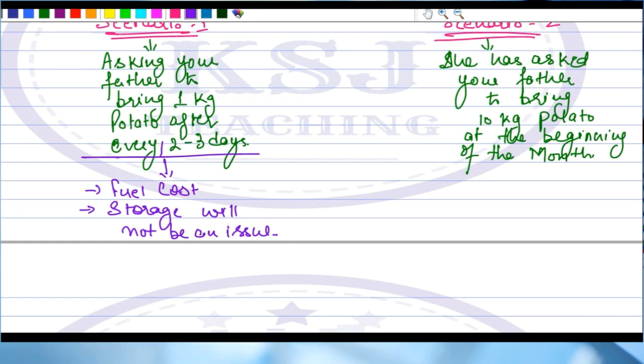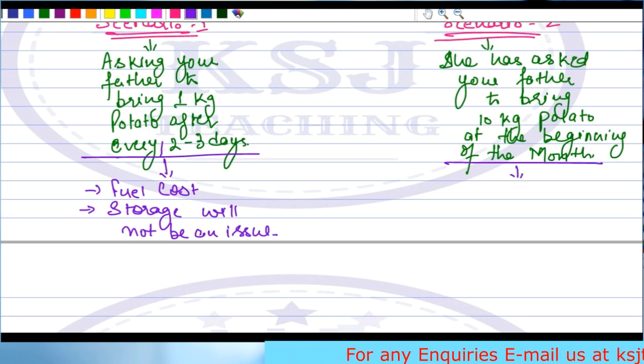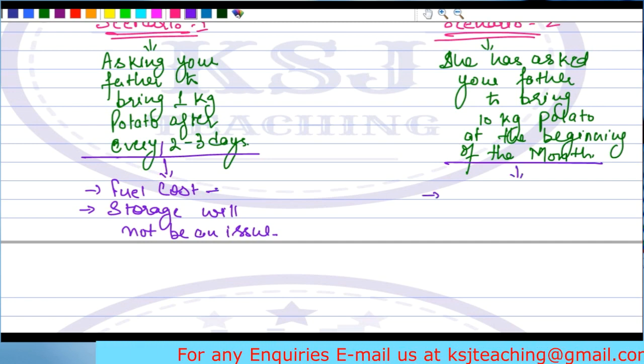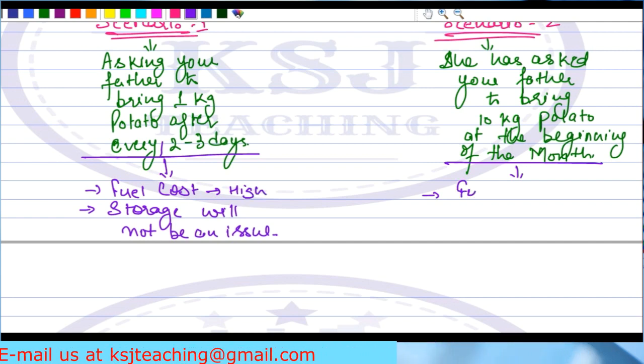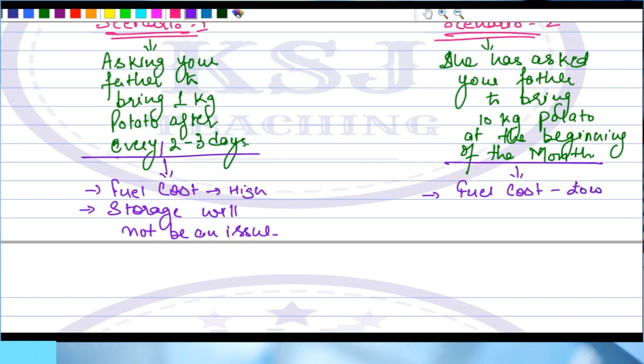That's it, right? Coming to scenario number 2. What will happen in scenario number 2, sir? In this case, the fuel cost will be low. Why, sir? Because your father is going to the vegetable market only once in a month.